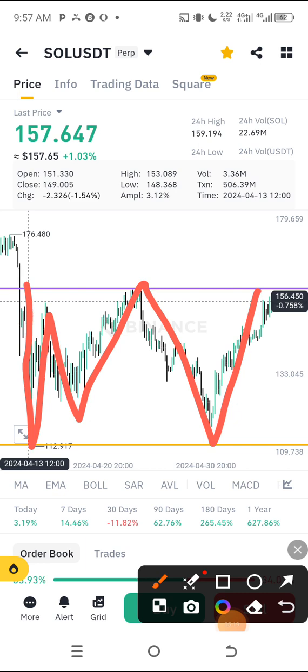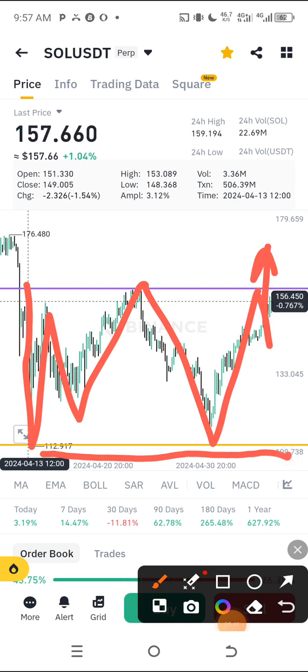What is this telling us? We can see that the price is ranging. We have a range bound market here. So what we can do is wait for a break, break and close, then we place a trade. If the price is able to break above this resistance, then we can place a buy and put our stop loss here.